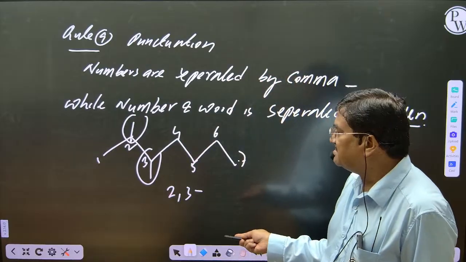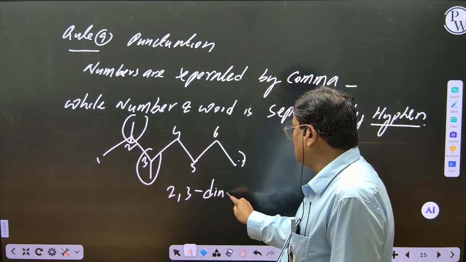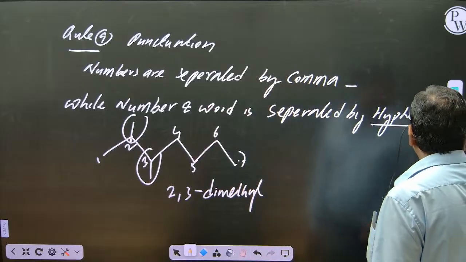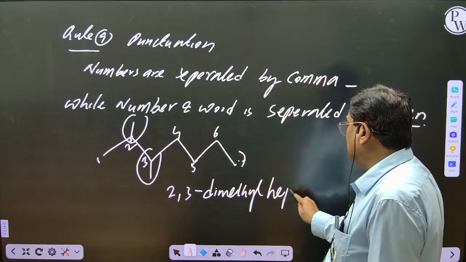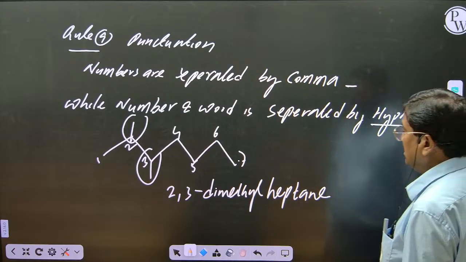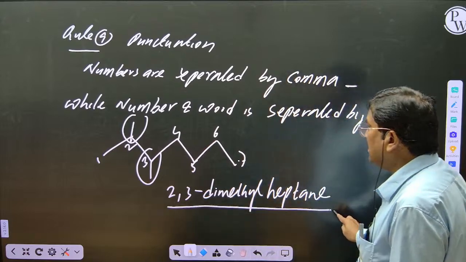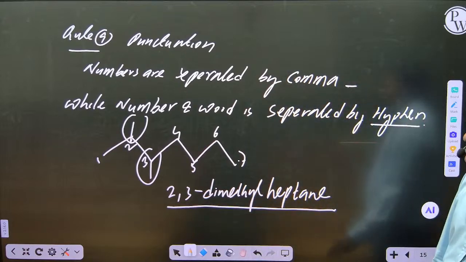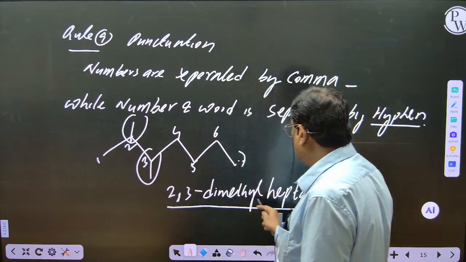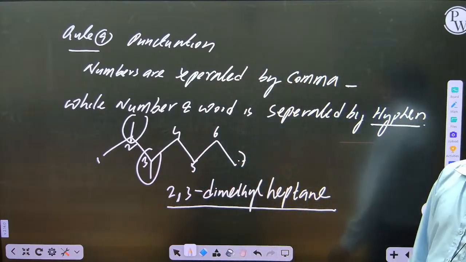Number and word we are separating. Dimethyl. What is the word root? Hept. There are 7 carbons, so we call it heptane. 2,3-dimethylheptane. So numbers are separated by comma, and number and word are separated by hyphen. So these are the 9 rules.